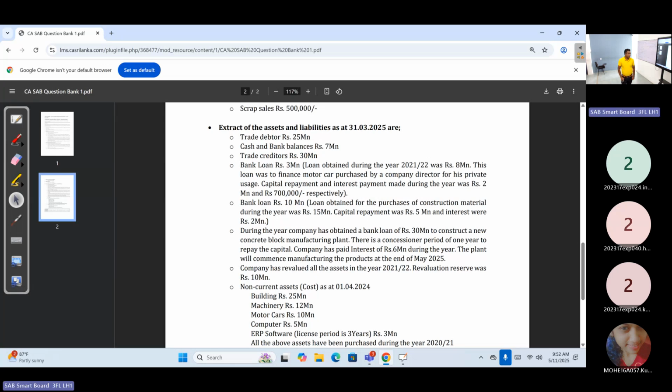Borrowed money used for the business. Then it is deductible expenditure, and interest is deductible. Then there is no disallowable.